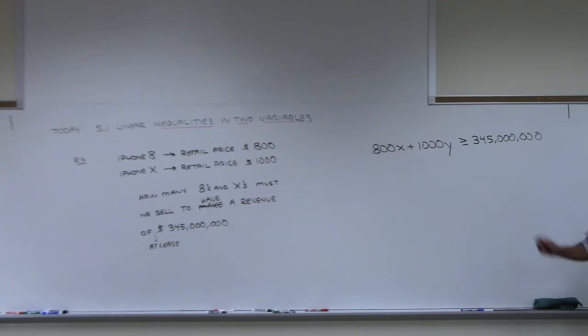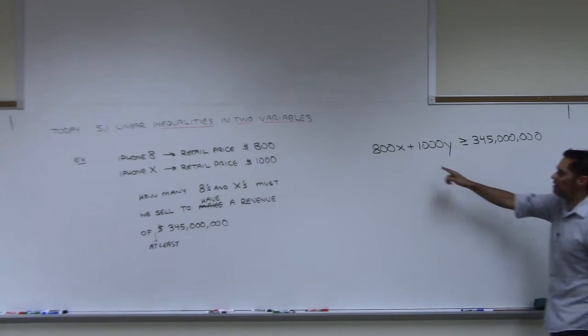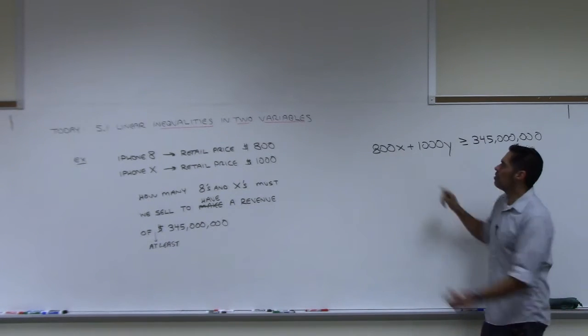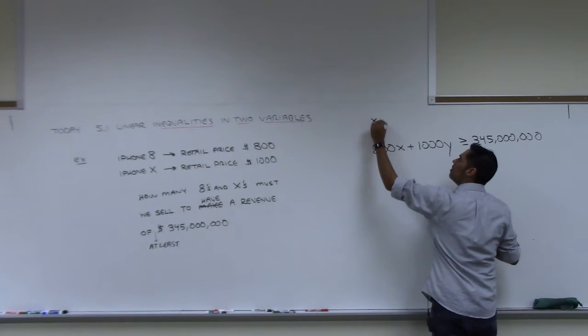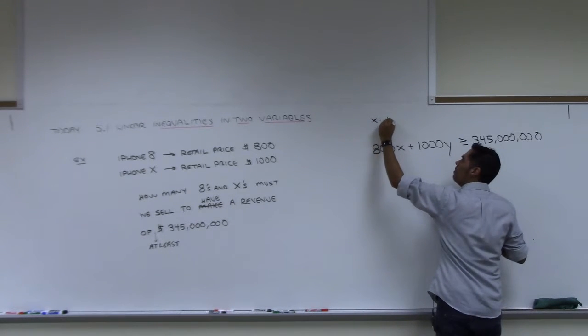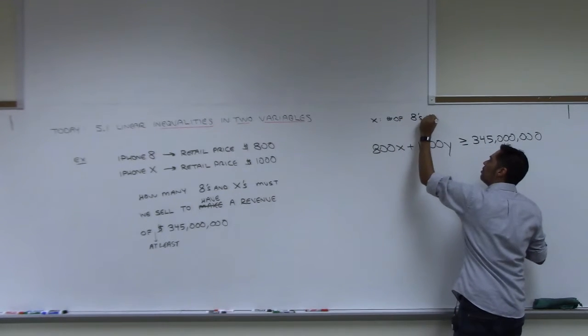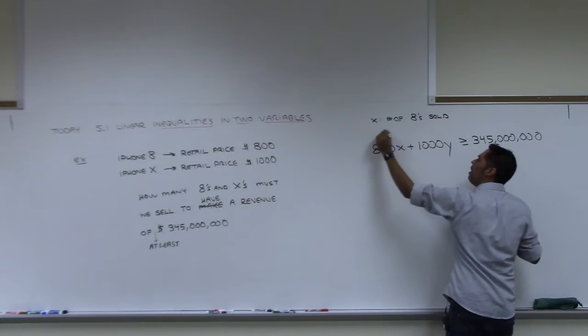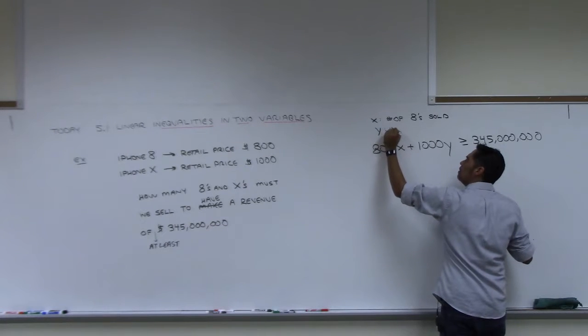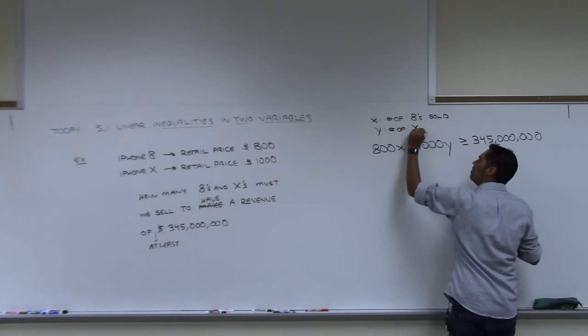Now, if we're going to do it this way, you need to tell me what x is and what y is before we do this, because x is not the iPhone X, right? So what is x? X is the number of iPhone 8s sold. And then what is y? The number of X's sold.